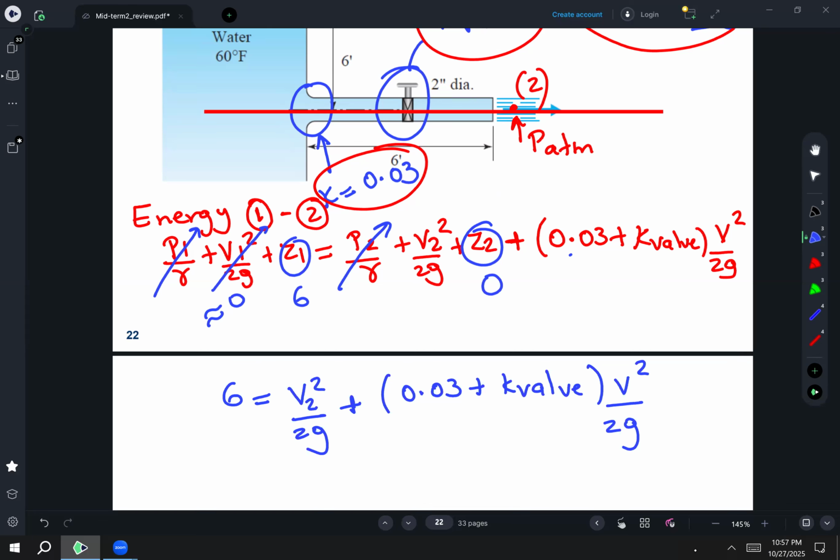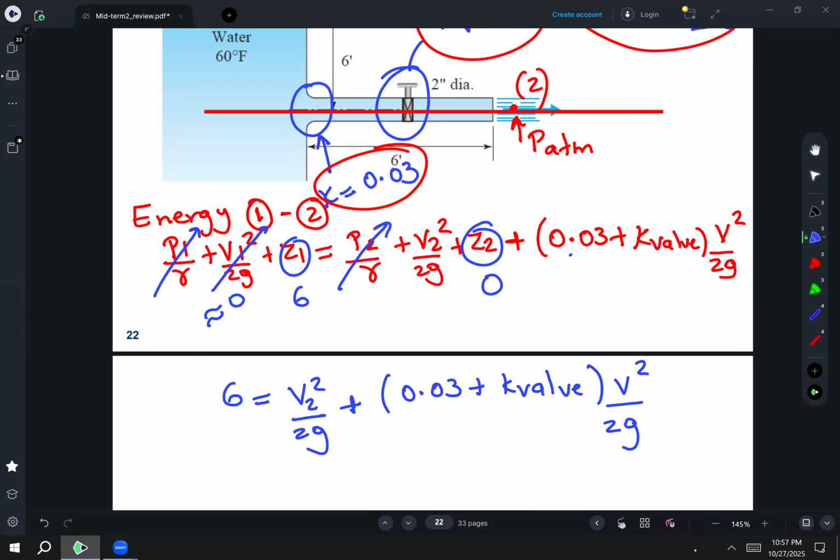So the velocity in 2 will be the same as the velocity in the pipe because of continuity. The flow in is equal to the flow out. So the pipe is not changing in diameter. Therefore, V2 will be equal to V, and V is the velocity in the pipe.